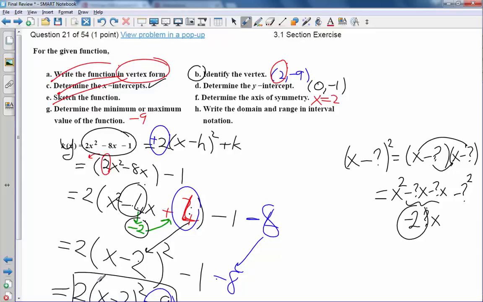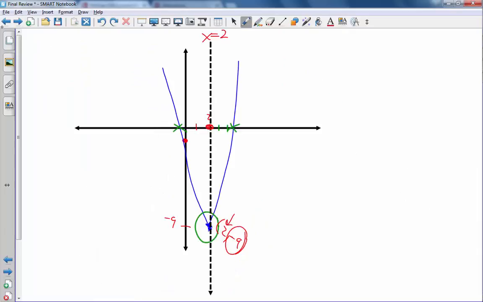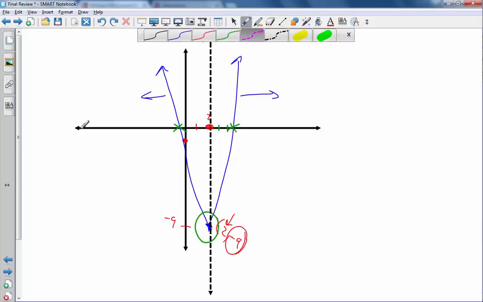And the last one, domain and range. We've done this many times. For domain, you smash this to the x-axis. Since these arms are unlimited, opening wider and wider to the left and right, you get everything. Here's the shortcut.